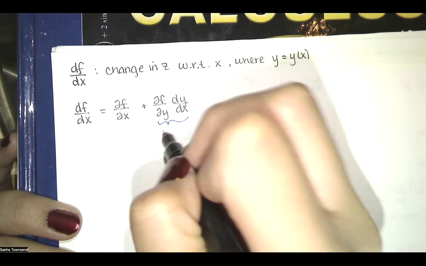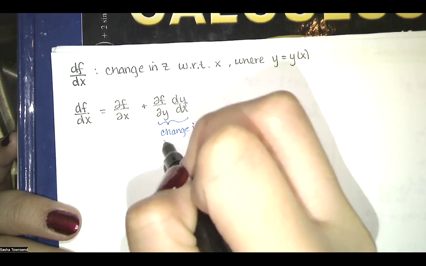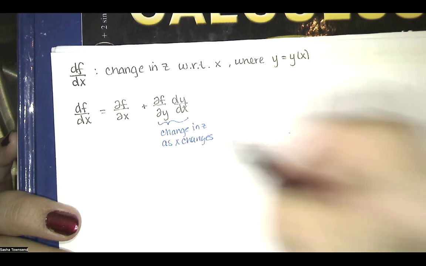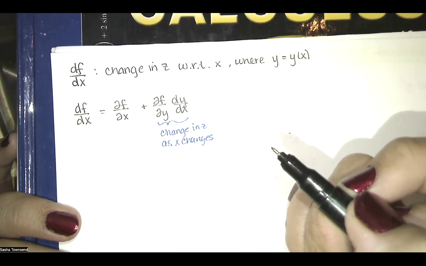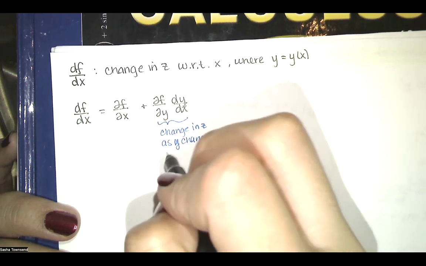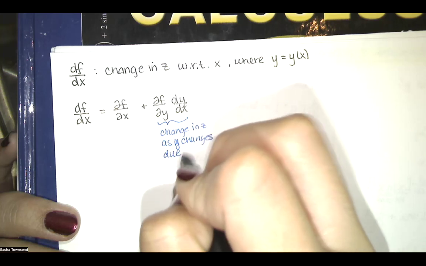Or you can call that change in z if you prefer. Change in z as x changes, or excuse me, let's say as y changes due to changes in x.